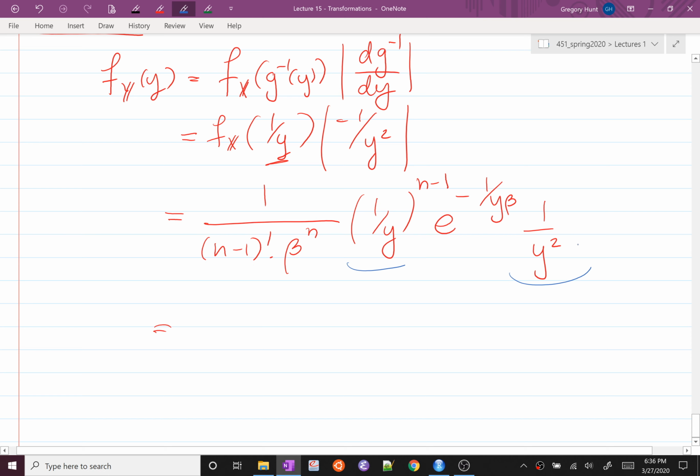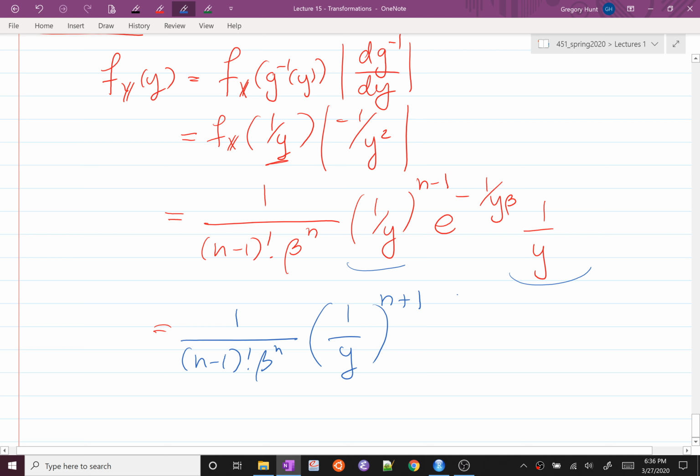And if we combine those y terms, that's 1 over y to the n plus 1 now, because this is the same thing as 1 over y squared, right?